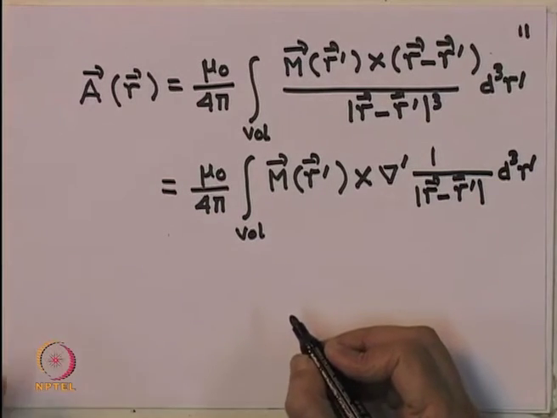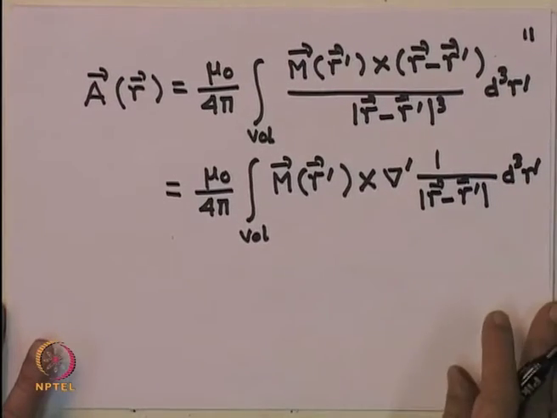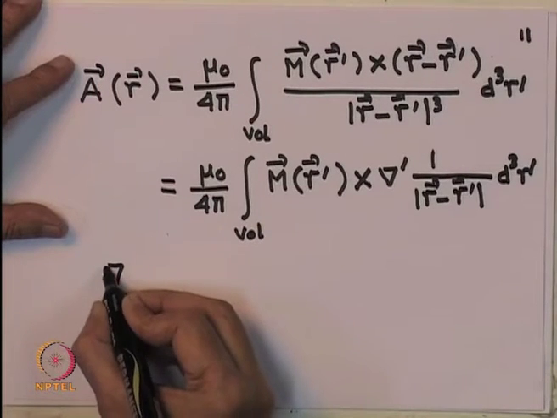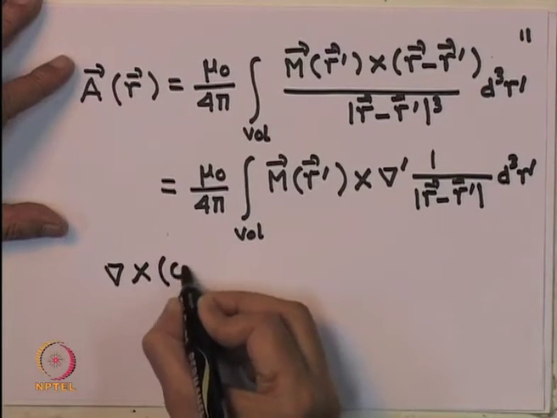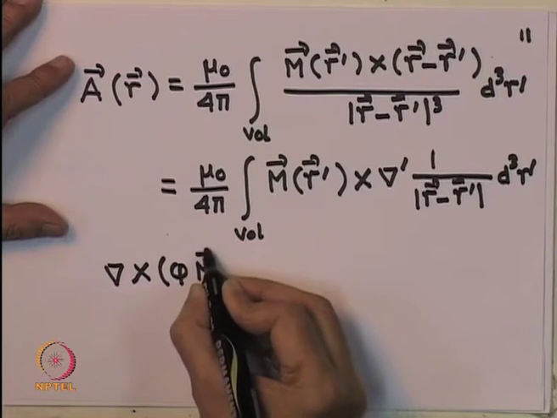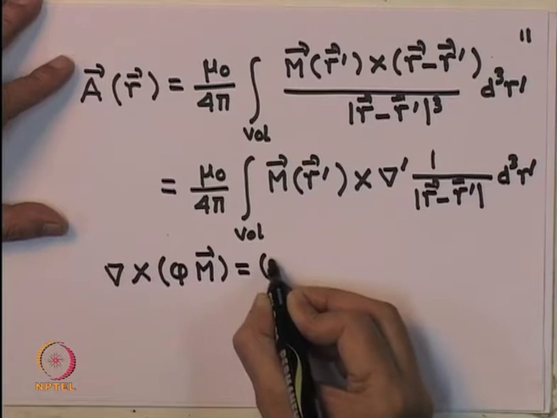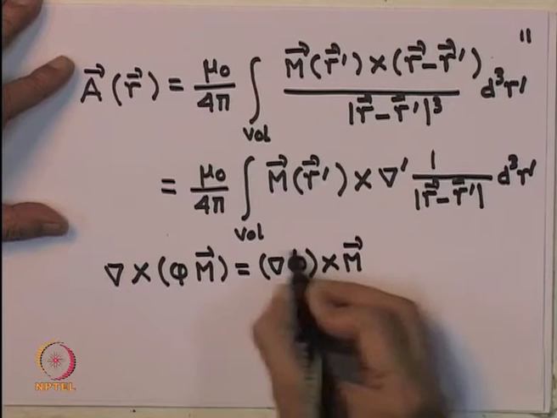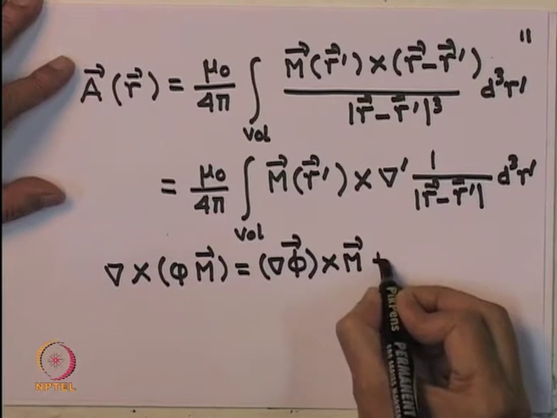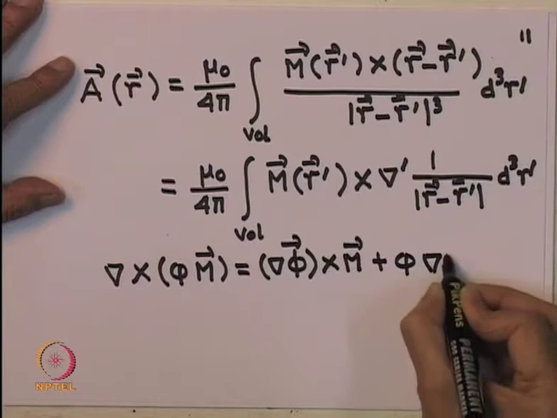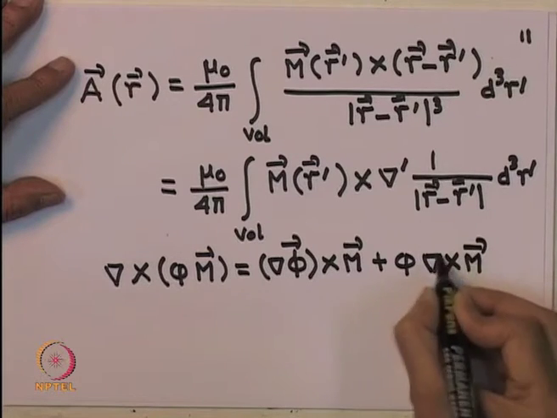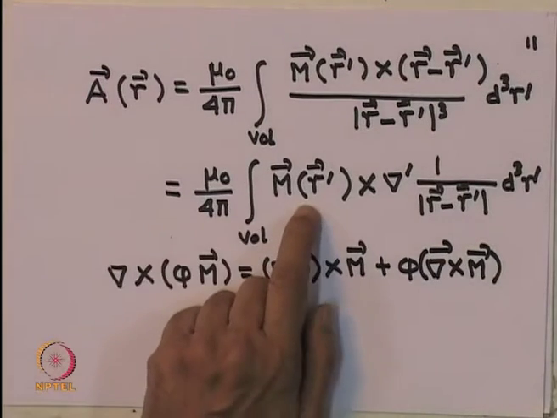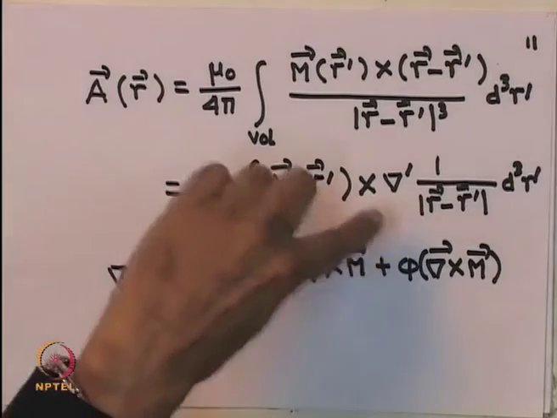Now, I am going to be using several vector identities, but the first identity that I will use is this: if I have a del cross of a scalar times a vector, this is grad phi cross m plus phi times del cross m. Notice in this expression here, I have got m cross gradient.